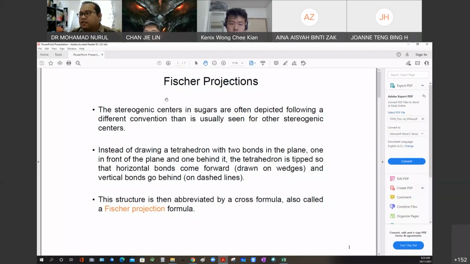Fischer projections: the stereogenic centers in sugars are often depicted following different conventions from those usually seen for other stereogenic centers.